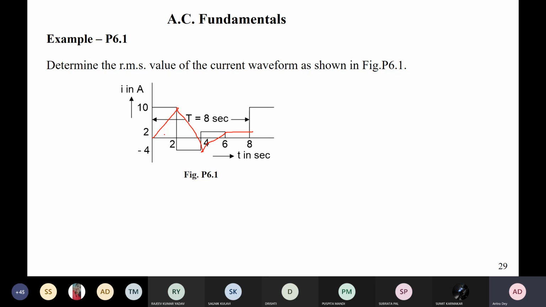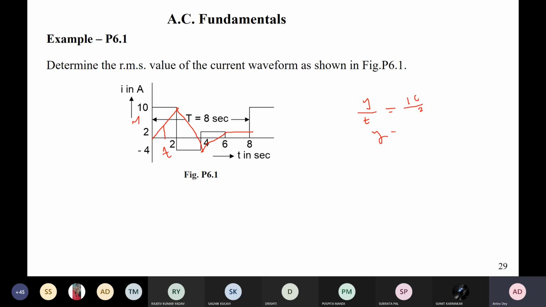If we take this as x, or write this in terms of t and this in terms of y, then what is the slope? Y by t is equal to... here what is your slope? 10 maximum, so it is 10 by 2.